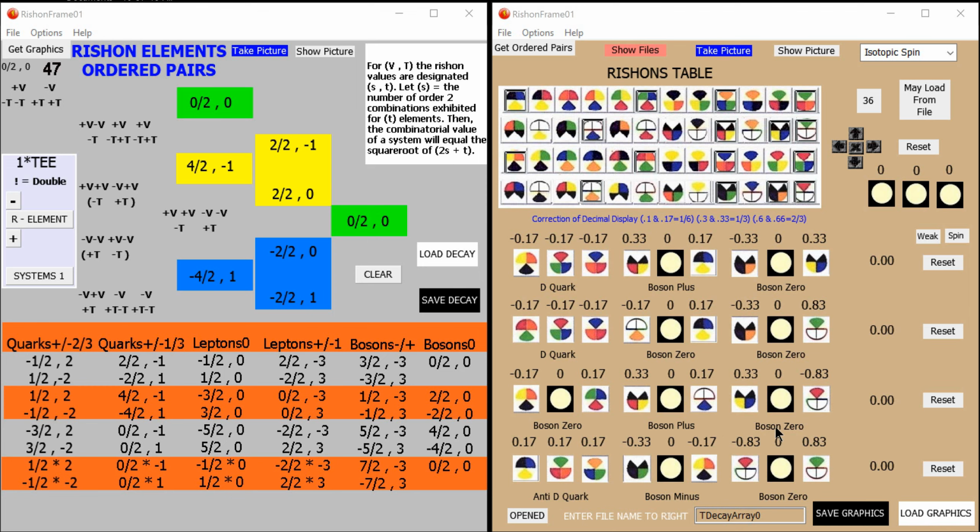But then when we look at this neutral boson, we will see that we have minus 1/2, and so minus 1/2 and plus 1/2 will give us 0, as it should be, because we started with 0, so we should have 0 for the isotopic spin.